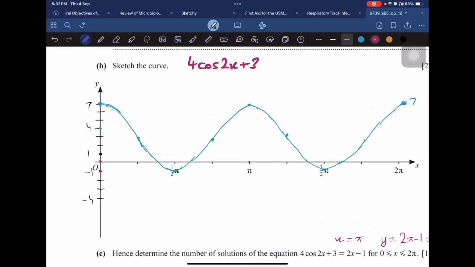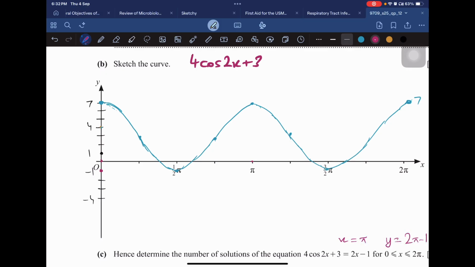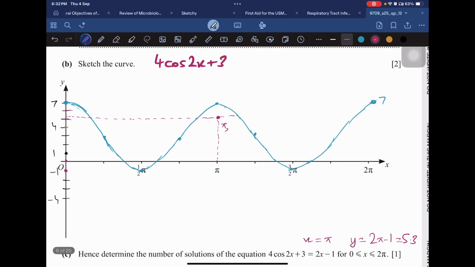So pi, this is 5 and this is 6. So 5.3 will be somewhere like this. So I'll sketch a line upwards from pi where these two intersect. That will be pi comma 2 pi minus 1.